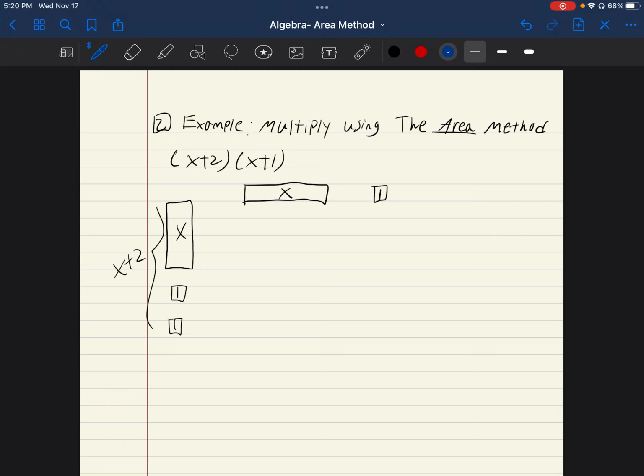Now if we multiply our x times x, we have x squared. And if we multiply our 1 times x, we have another block of x. 1 times x will just be another block of x.